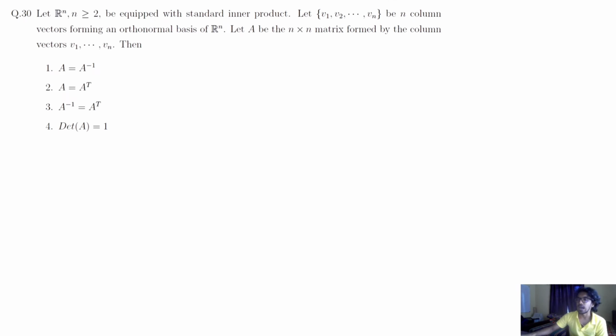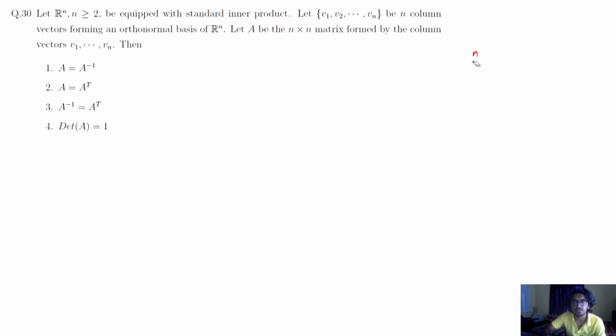Here it is given that R n, where n may be any value bigger than or equal to 1, is equipped with a standard inner product. Standard inner product means if you take two vectors in R n, the usual dot product that we perform in vector calculus, right?